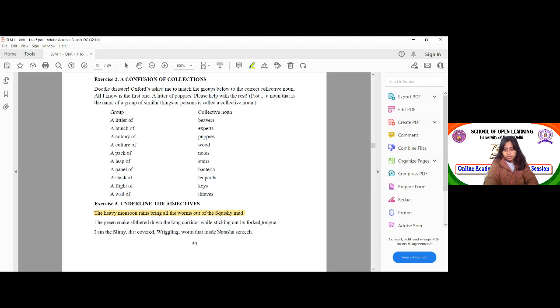Squishy is one adjective. There's another adjective. Try to figure out which adjective it is.